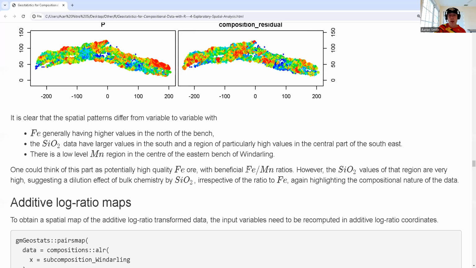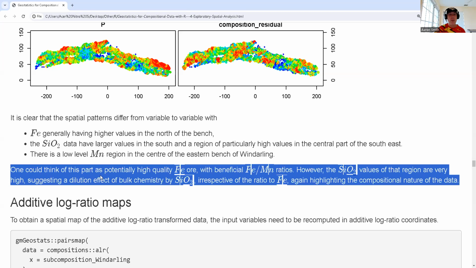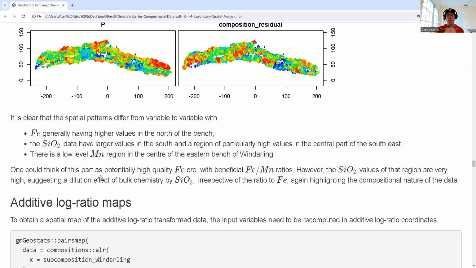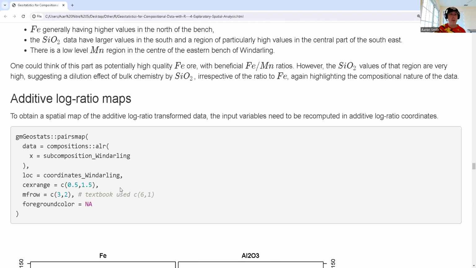So the Fe-Mn ratios are being diluted out by SiO2, irrespective of the ratio to iron. Again, highlighting the compositional nature of this data. And so, the point that the authors are making here is that we need to consider all of them to be able to have a full analysis of our composition data.